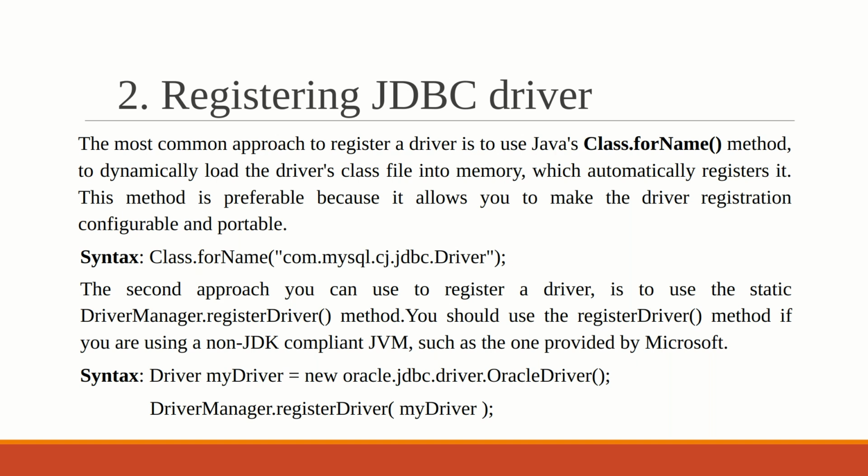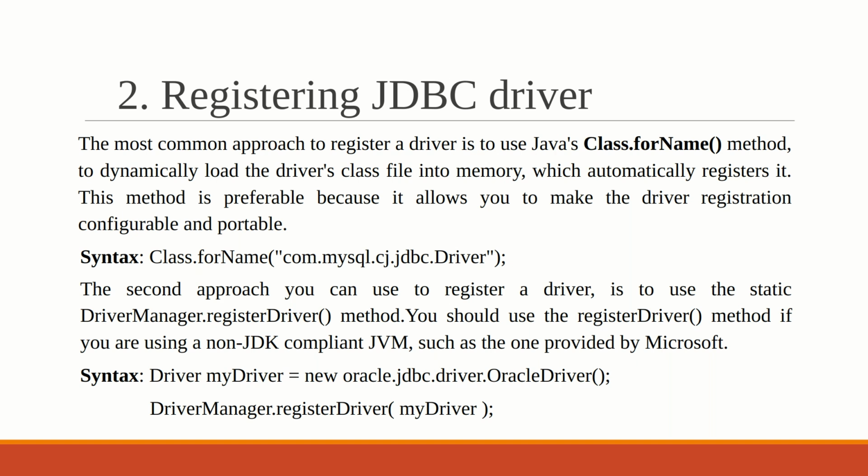This is when you want to interact with MySQL as your underlying database. But if your underlying database is Postgres, SQL Server, Oracle or any other database, then you have to go and find the driver name that you should pass inside the forName method as a parameter.